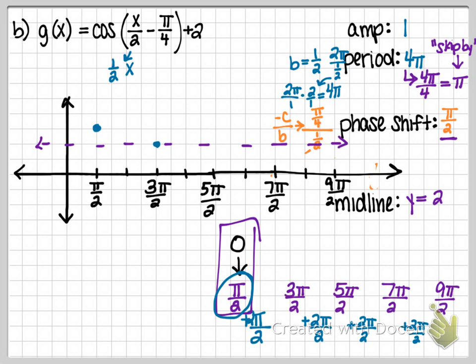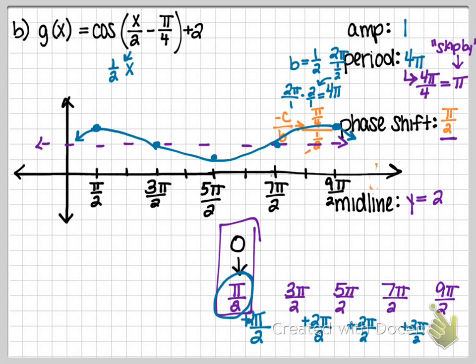And then the next is down for a minimum. And then I'm back at the midline. And then I have a maximum. Sorry, this all kind of ran into each other there. But this graph is nice and stretched out horizontally, which is what we expect when we have a b value of 1/2. It should stretch it out a little bit. And then we were shifted over.